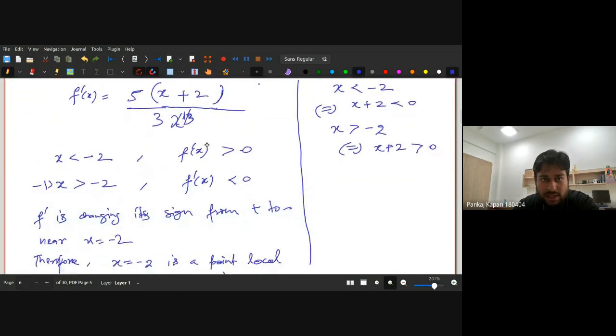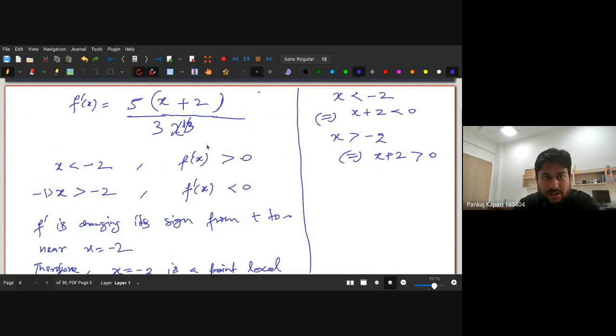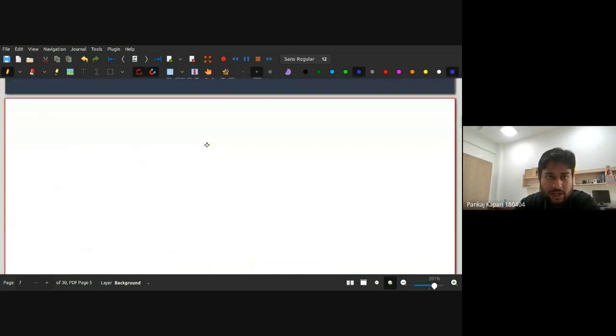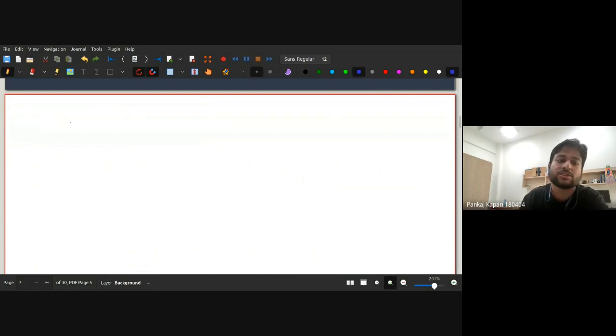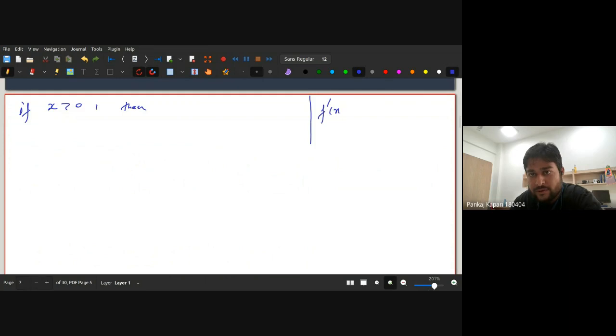Now let's analyze the second situation, the critical point x equal to 0. If x is positive, let me write the derivative here. It's 5 by 3 times x plus 2 divided by x to the power 1/3.